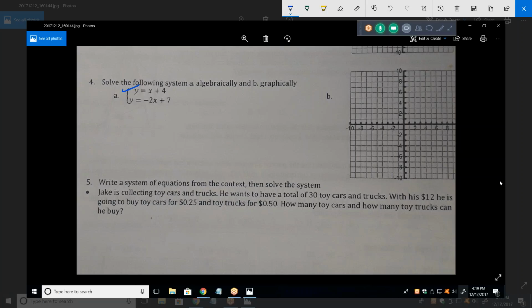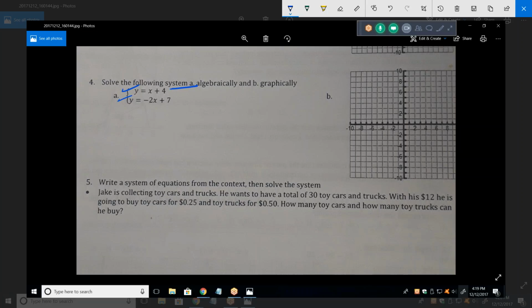I always use substitution if one of my equations is fully solved for one variable, and it doesn't matter which one. In equation 1, y is fully solved. And in fact, in equation 2, y is fully solved.